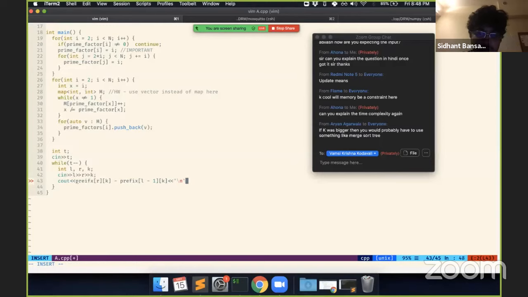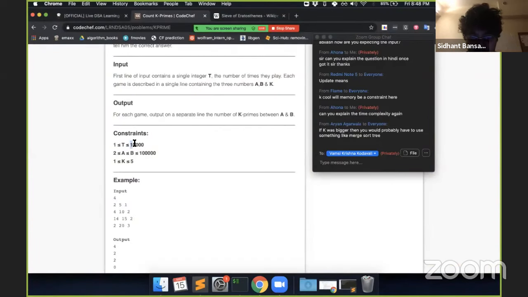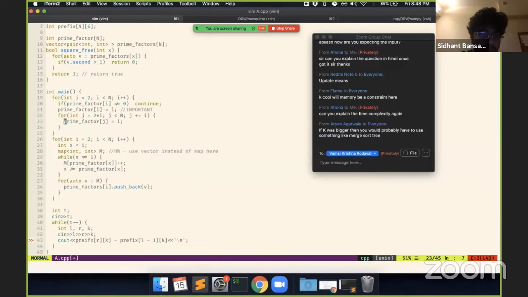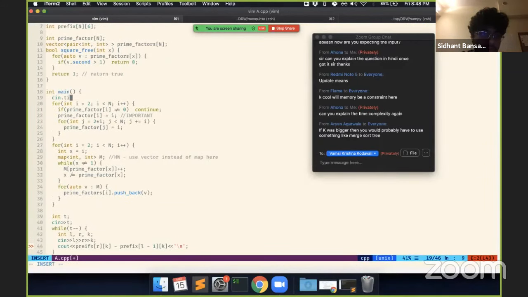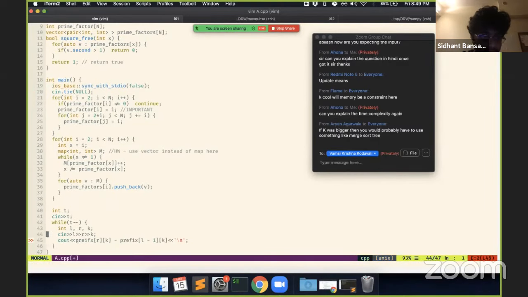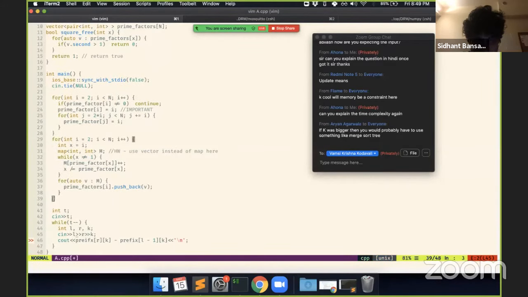Instead of endl, I'll prefer this because you're making a lot of prints. So that's just fast IO. Okay, so this was the pre-calculation.